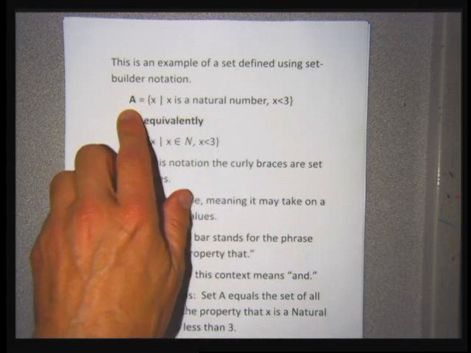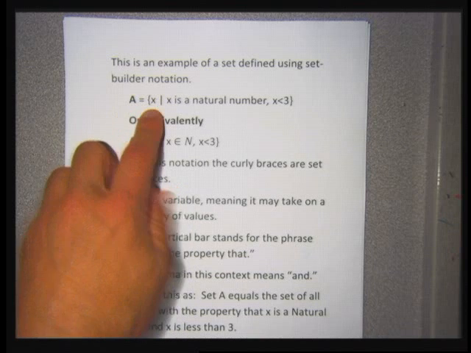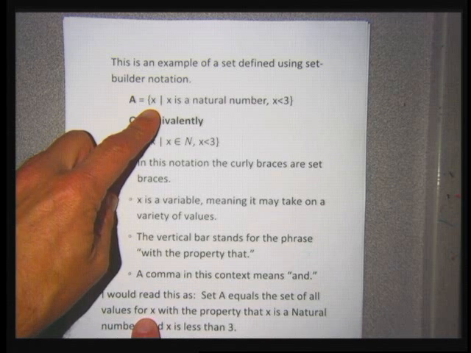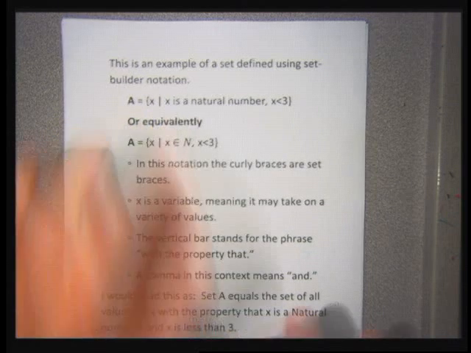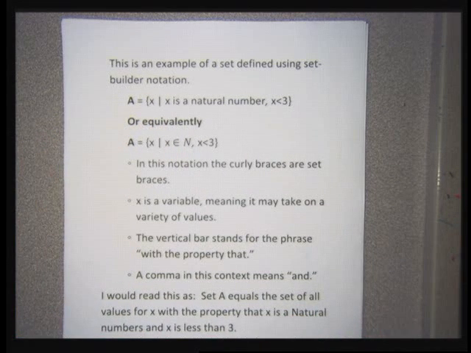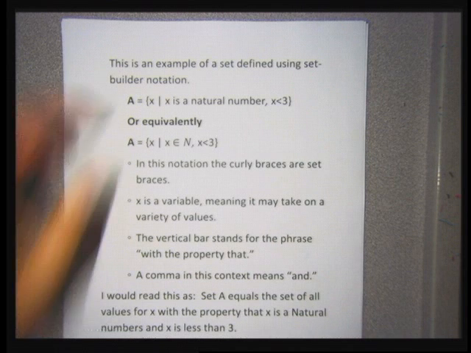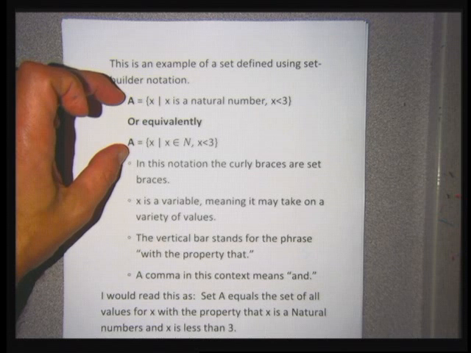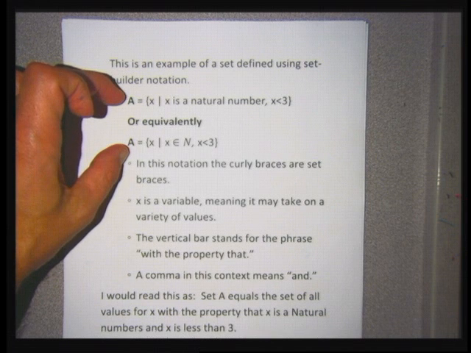Here, saying A is a set of all x, or A is a set of all values for x such that, or with the property that. Those are interchangeable. You'll notice that I wrote 2 ways to describe the same set A. They both represent the numbers 1 and 2.